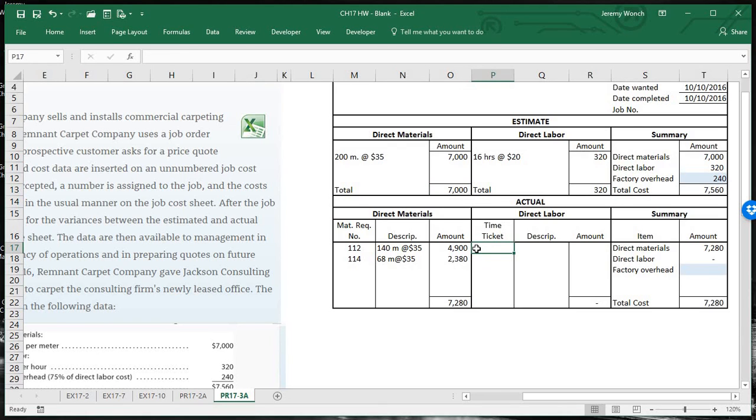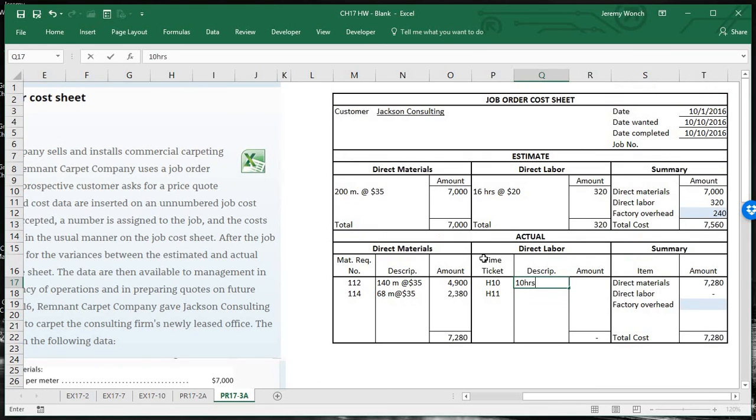Then we can go look at our time tickets. And so we had two time tickets. We had H10 and H11. Put a little space there. Actually, the spaces were bothering me here. Gotta make it look a little bit better.